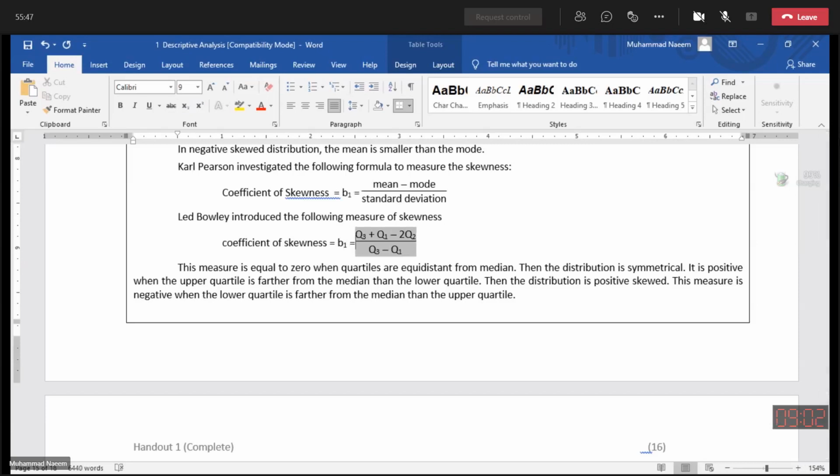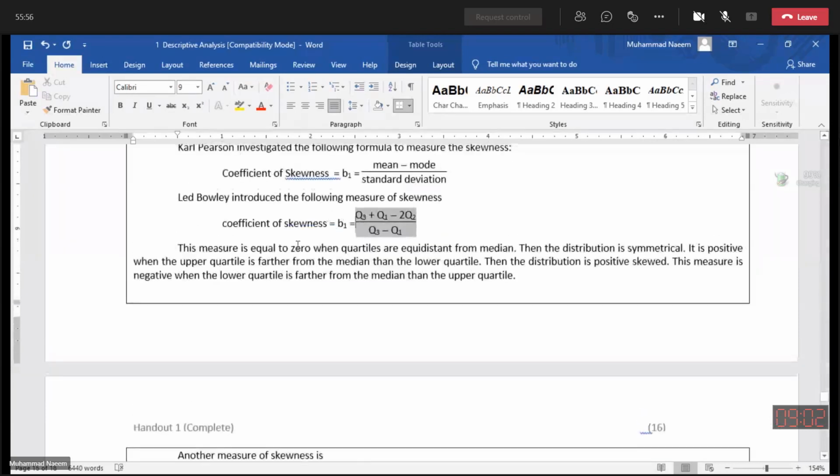When this value of B1 is zero, when this measure is equal to 0, the distribution is symmetrical.